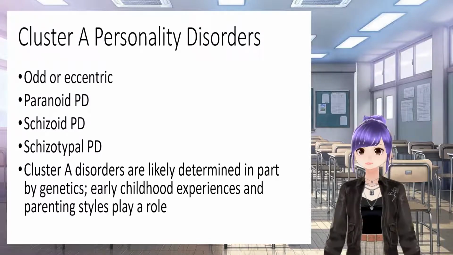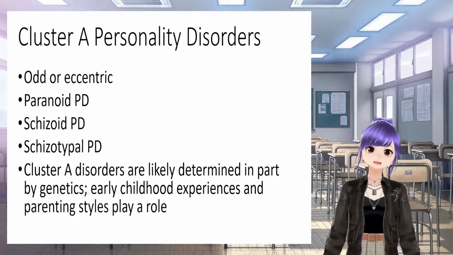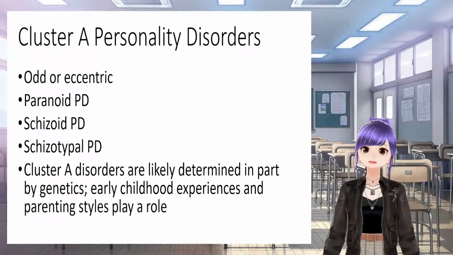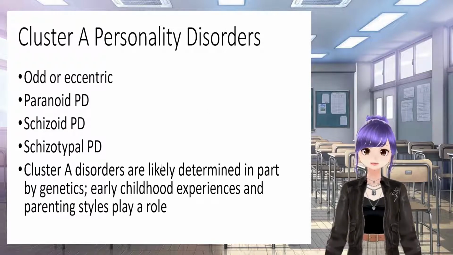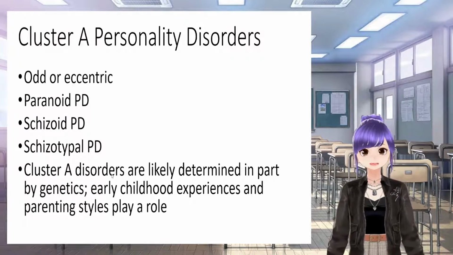So, cluster A personality disorders are likely determined in part by genetics. Early childhood experiences and parenting styles play a role. As you can see, it is consistent with our biopsychosocial model of explaining mental disorders. So, cluster A personality disorder may in part be genetic, or it is because of parenting and childhood experiences.